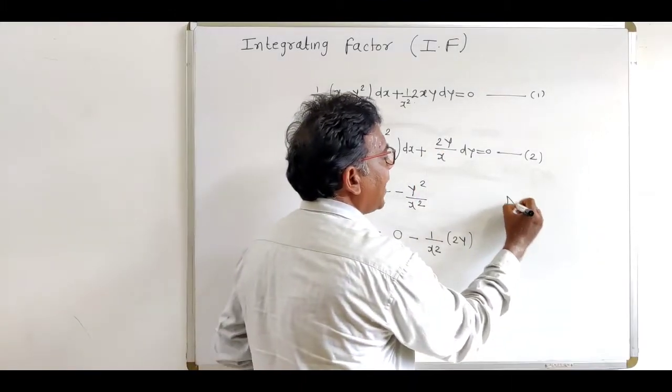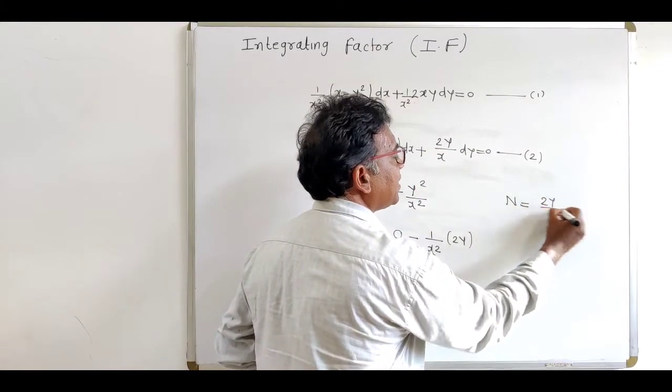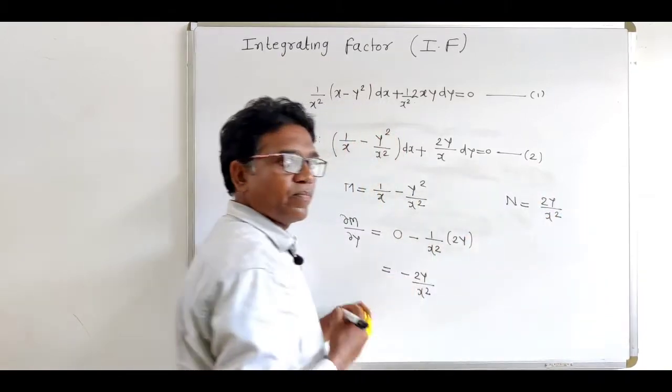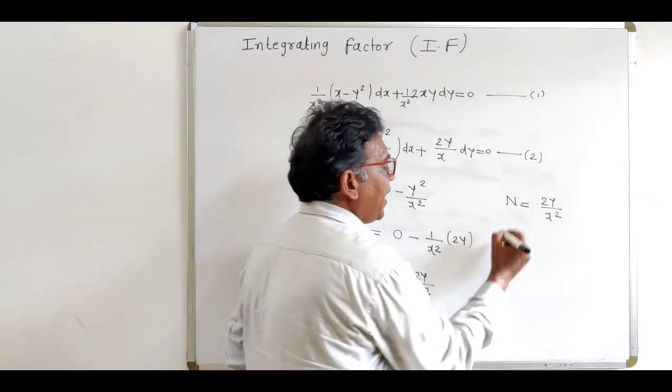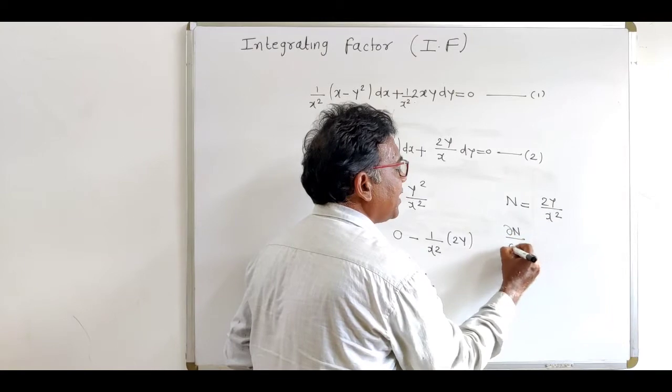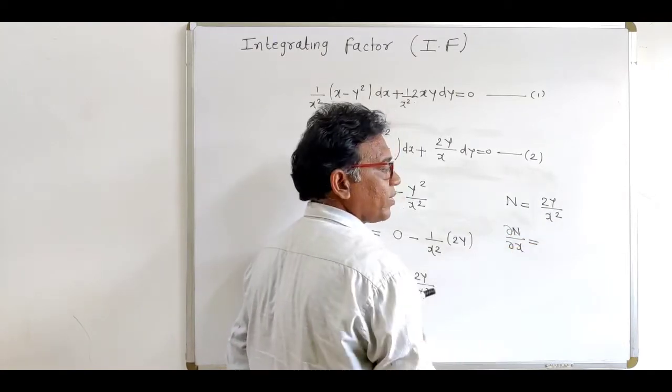What is N? N means the coefficient of dy, that is 2y upon x. So from N, find the partial derivative del N by del x.